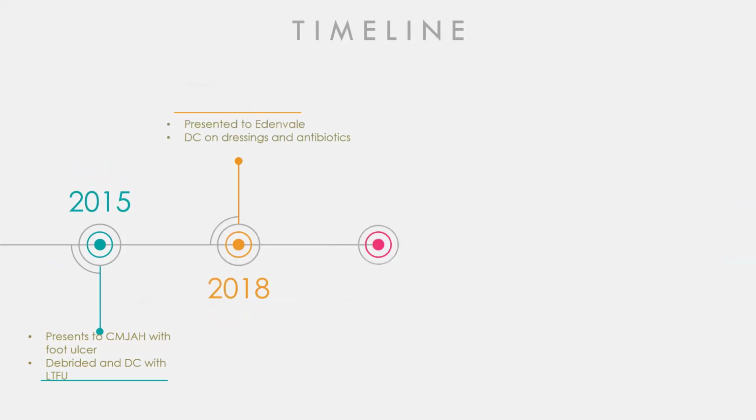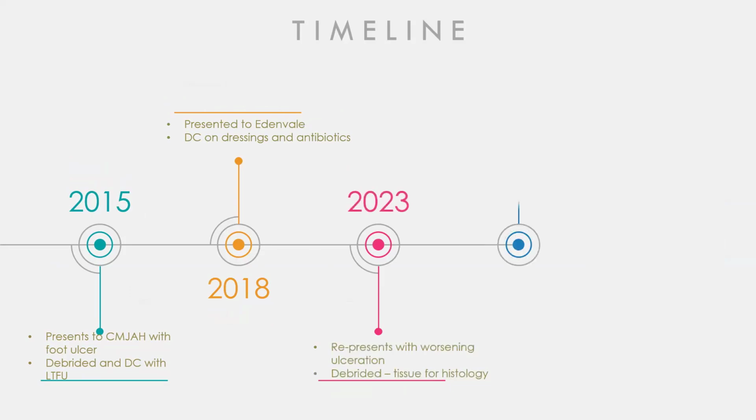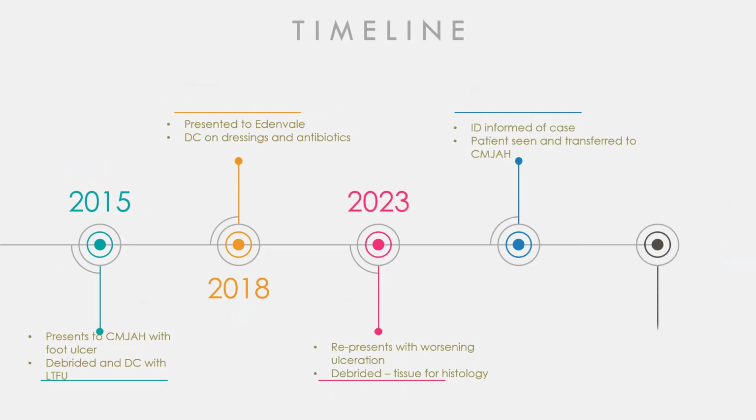She then presented later to Edenvale Hospital in 2018. The surgeons had discharged her on dressing, so they wanted to do chemical debridement and antibiotics. But then she represented in 2023, and she was complaining that the ulcer was worsening. And those surgeons had taken her to theatre for debridement again.